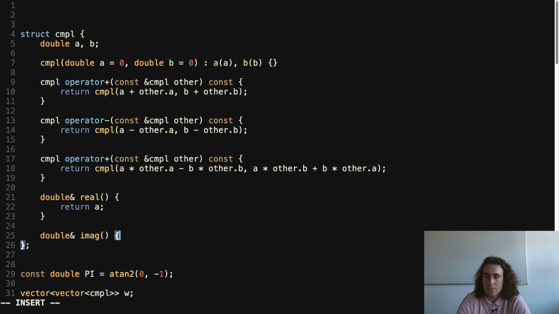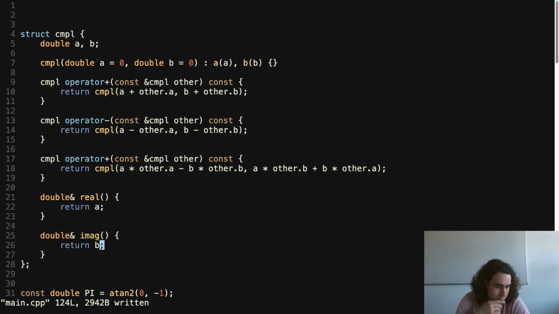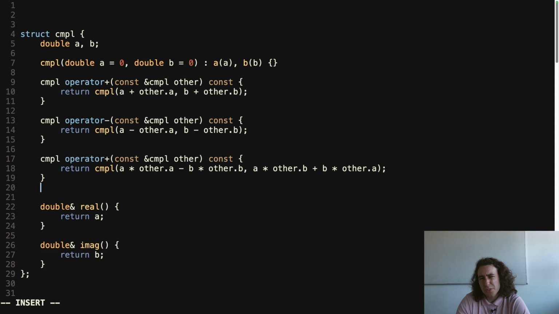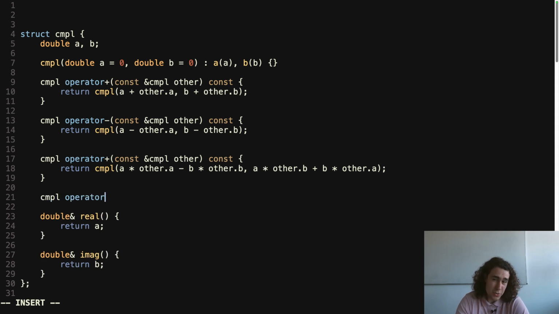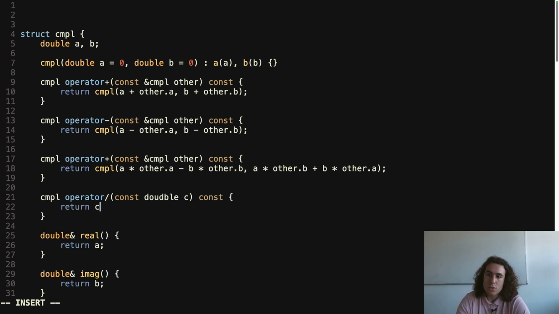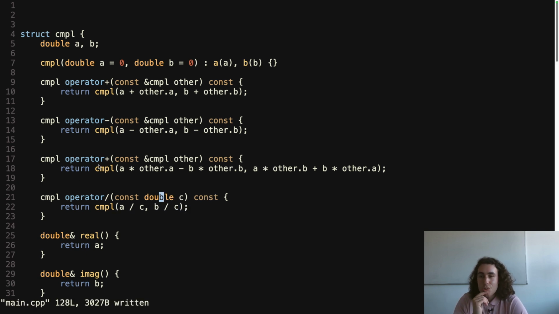And I think that's it, right? I guess we also use division by a real number. Let's implement that. We're going to return a complex number a over c, b over c. I think this should be enough.